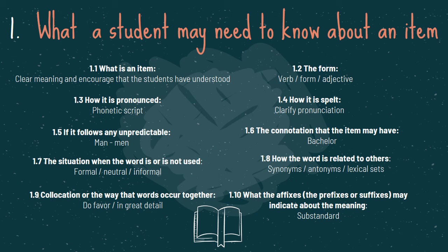Second, we have to teach them the different forms that have the vocabulary. For example, if it is a verb, if it is an adjective, it is a noun. So we have to teach them that part, make examples, and encourage again that the students understood the topic.